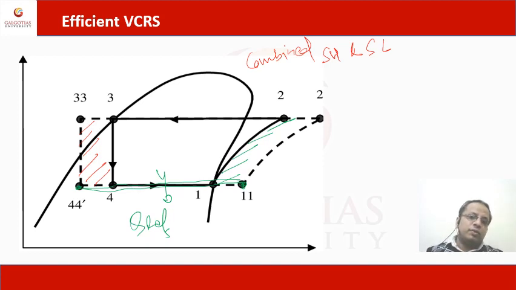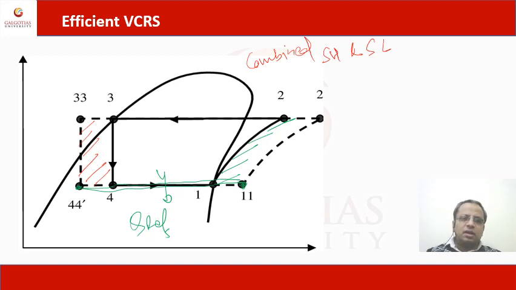We can use it where we need the high COP and low cooling achievement. So we need to adopt superheating and subcooling of the system. This is actually the cascading case where the cascading of the VCRS system is applicable, where we can achieve this cooling effect and the higher COP.